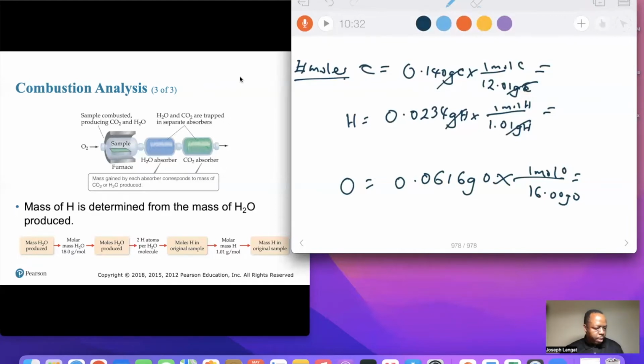The first one is 0.0117. Please check with your calculator. I got here 0.0232 for hydrogen. And lastly, 0.00385 for oxygen. So if I look at this, 0.00385 is the smallest.